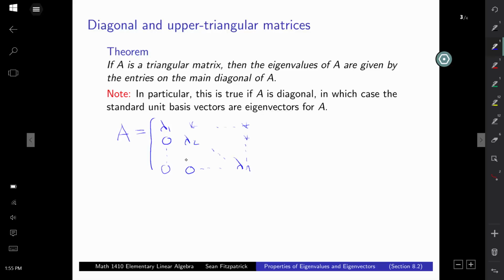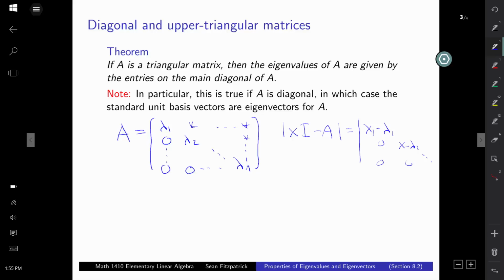I don't care what they are. And so when I do x times the identity minus A, right? When I try to set up my characteristic polynomial and take the determinant of this guy, well, you can see what you get. You're going to get x minus lambda 1, x minus lambda 2, and so on down the diagonal.